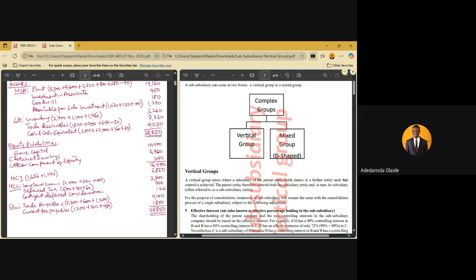However, because they also have a direct investment in C, that makes it a D-shaped group. We'll look at the D-shaped group separately.